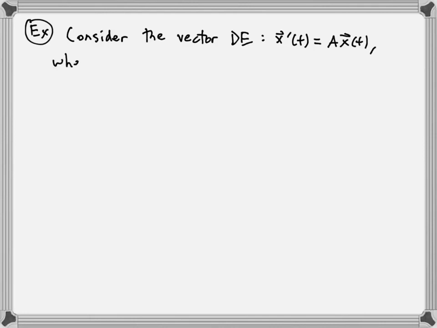So let's consider the vector differential equation x prime of t is equal to Ax of t, where A is equal to the matrix 1, negative 2, 2, 1. And so there's our differential equation. Notice that A is a constant matrix, and I'm going to give you two vectors.